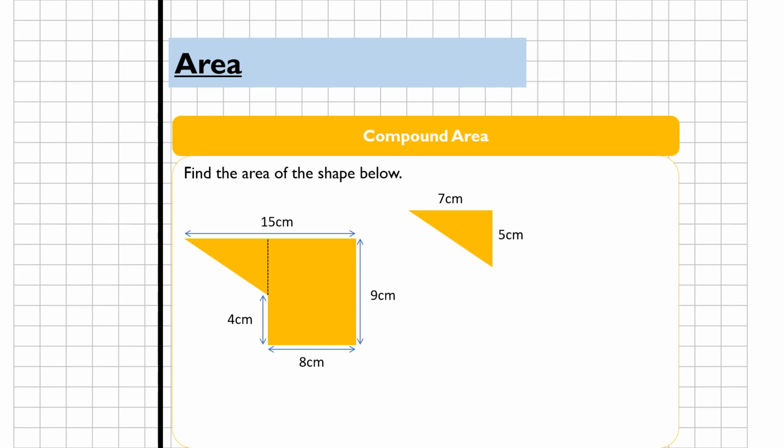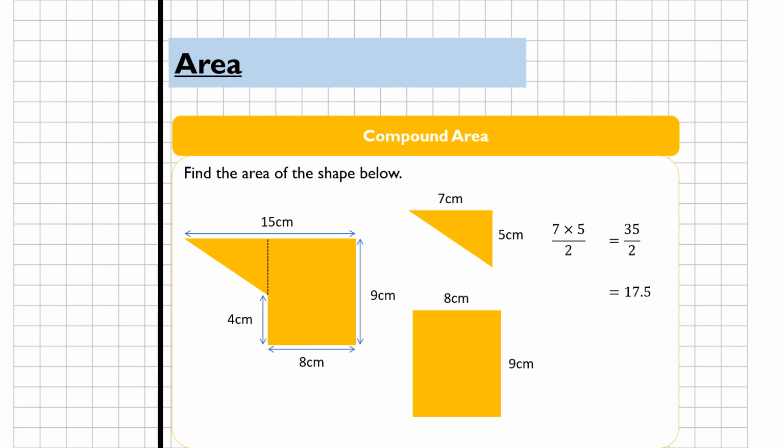And how do I find the area of a triangle? I multiply the base times the height and I divide by 2. So 7 times 5 divided by 2, 35 divided by 2, that gives me 17.5. And then my second shape that I've made is a rectangle, and we can see clearly that the length is 9 centimeters.